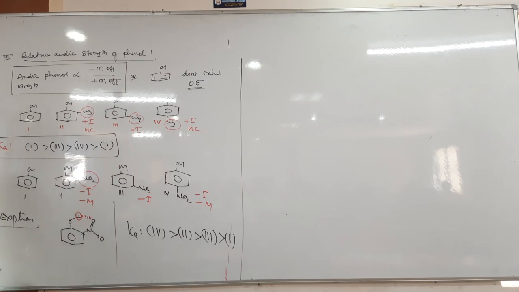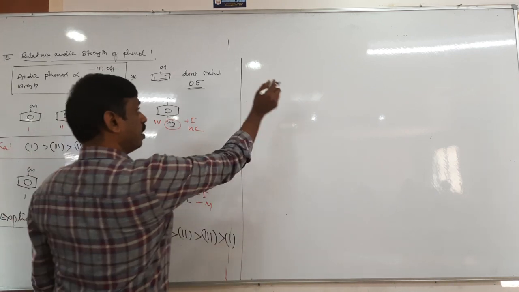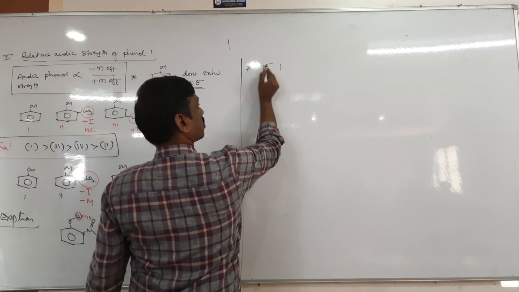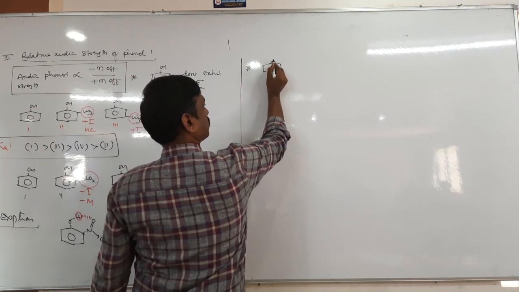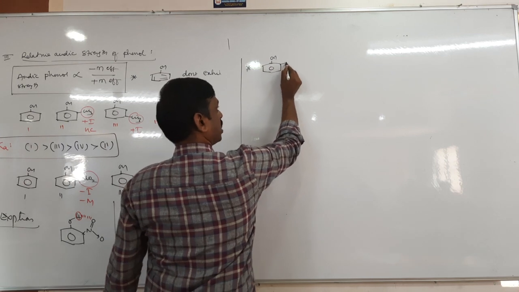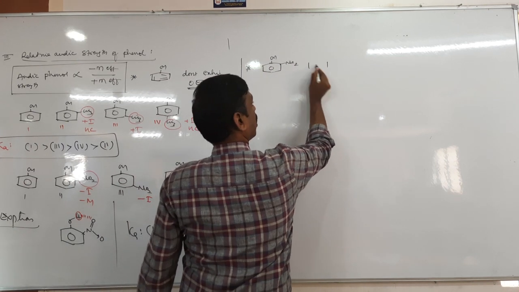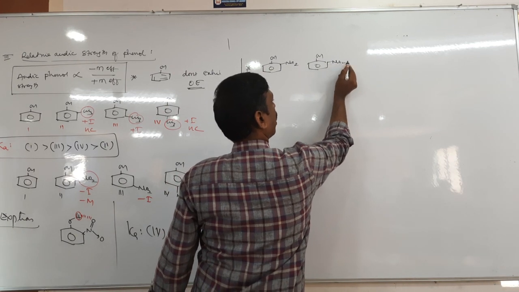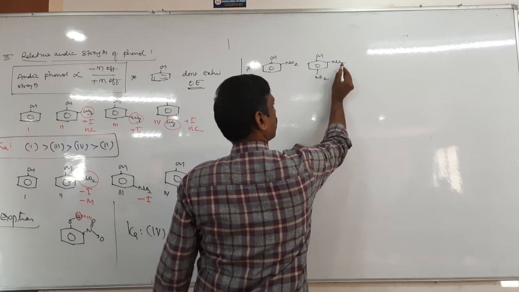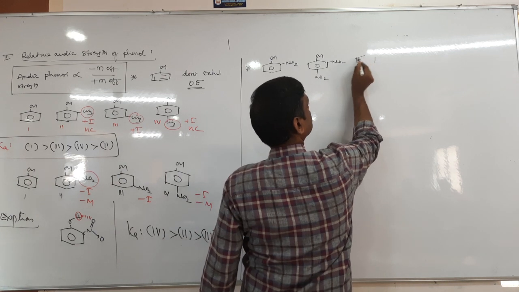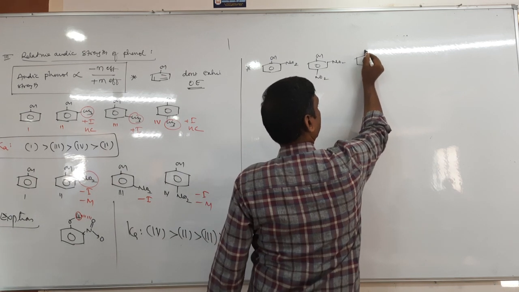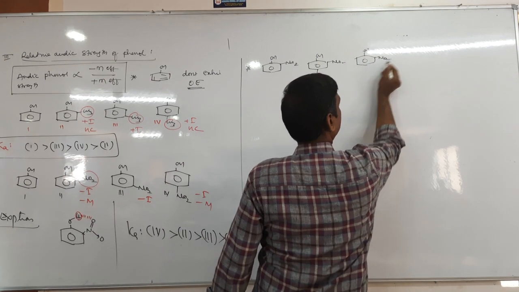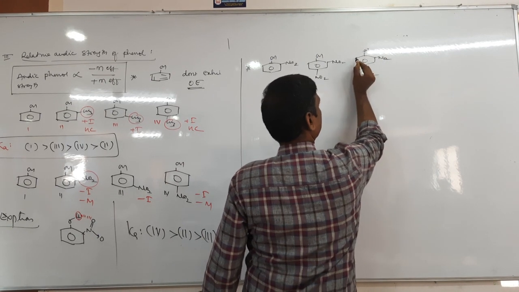Okay, it is the nitro group. Suppose as the number of nitro groups increases, what happens to the acidic strength? Okay, it is ortho-nitrophenol, ortho comma para dinitrophenol, ortho para and ortho.